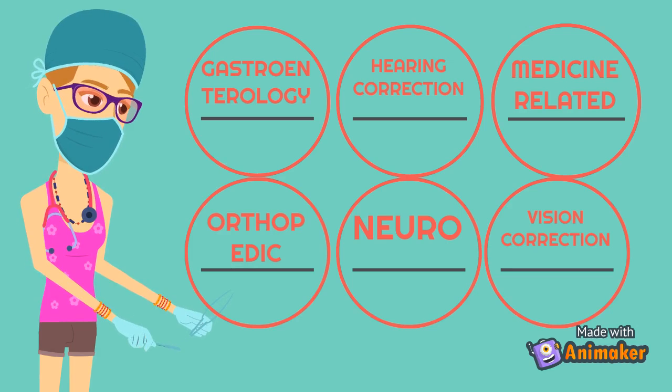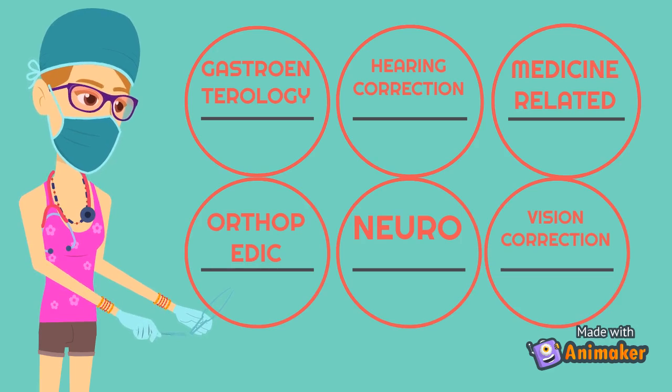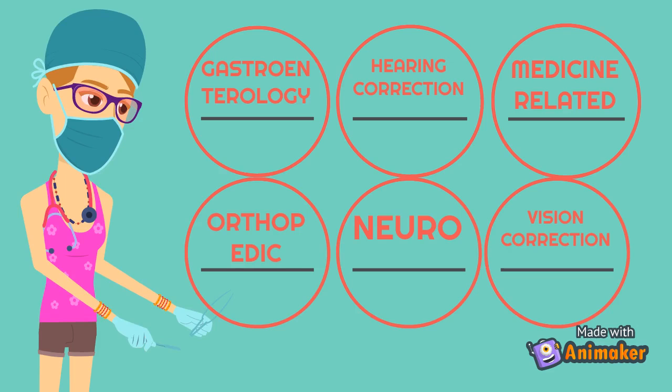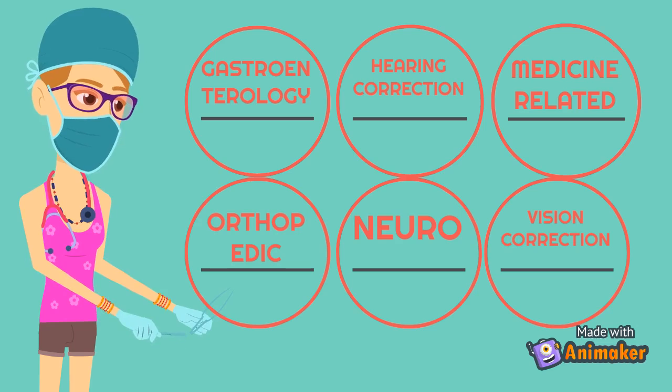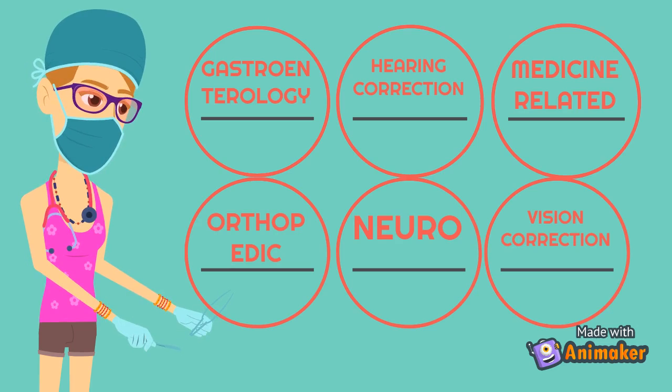Next is the orthopedic surgery. The orthopedic surgery is considered when other less invasive treatments and therapies have been exhausted without success. So this can be performed on joints, bones, ligaments, tendons, muscles, and nerves. Next is the neurosurgery.